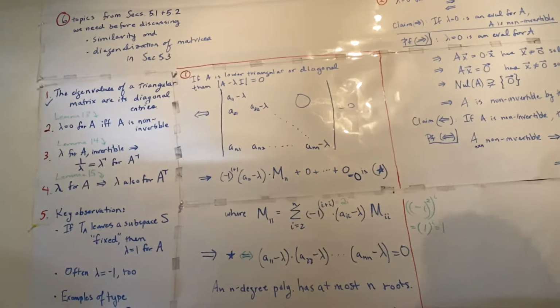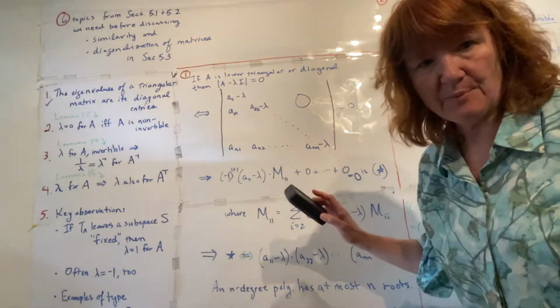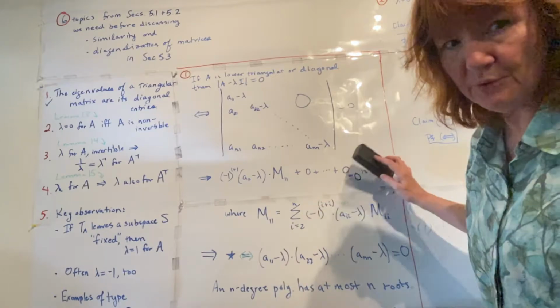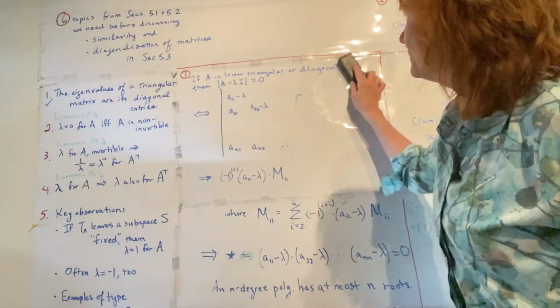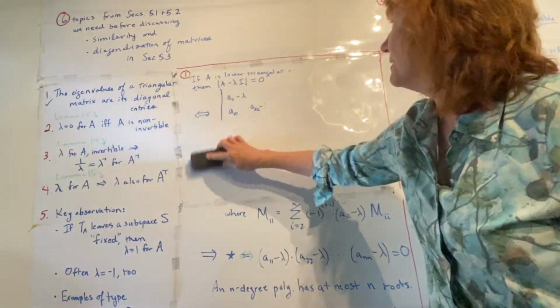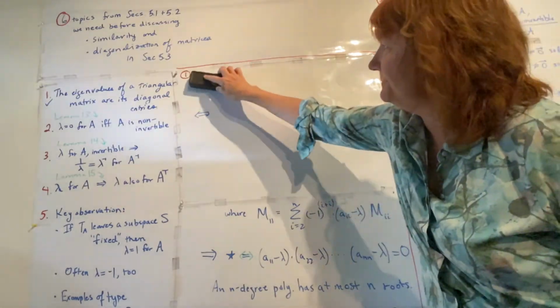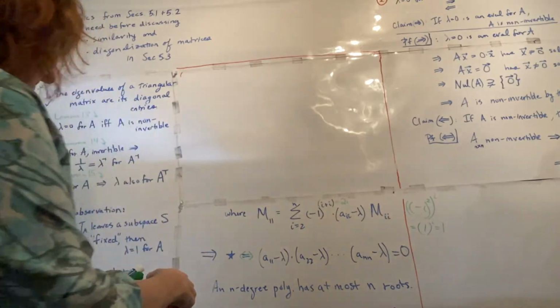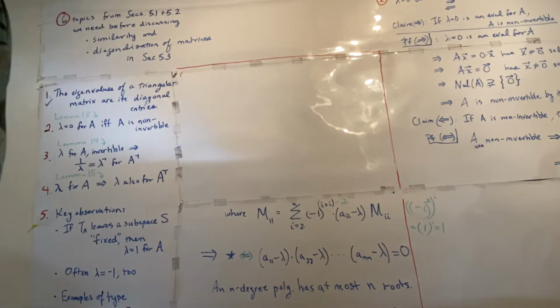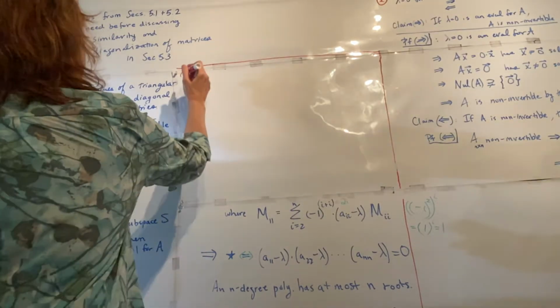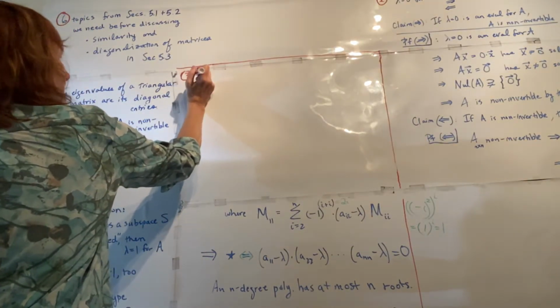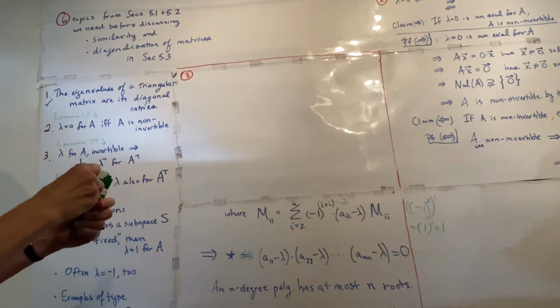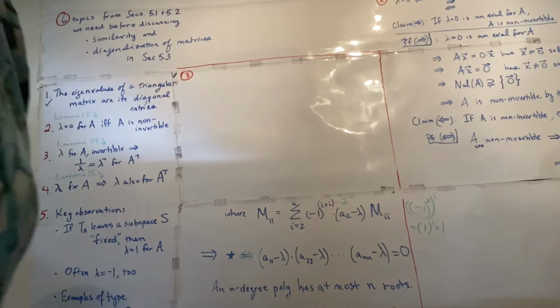This is one of these really cute and short type of things you should be able to prove yourself. Really good final exam question, if I might say so myself. So let's see, number 3 is what we're working on here.